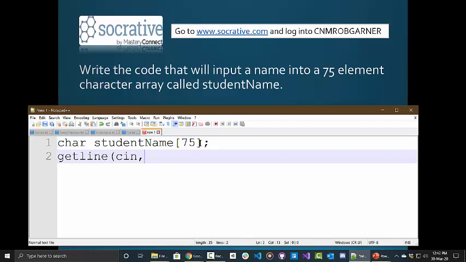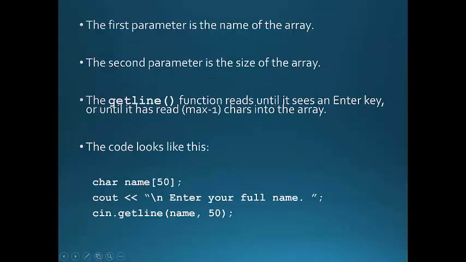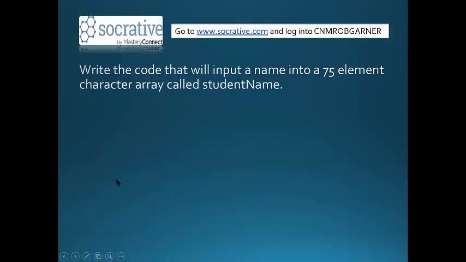So we're going to getLine from cin. Actually, let's see. And then 75. I think that's it. Hold on, let me make sure I got that right. Oh, they used cin at the end of getLine. Okay.